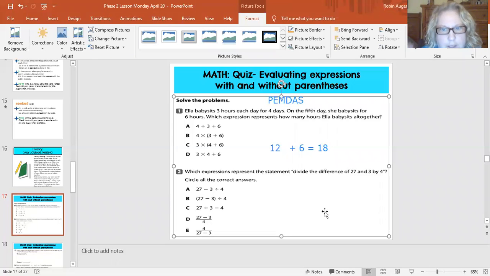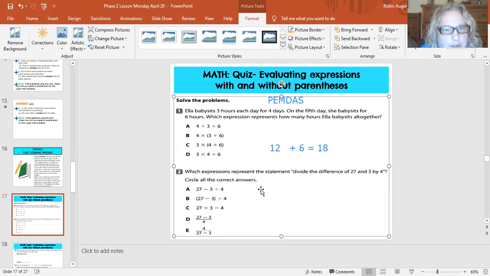And after that, it says divide the difference of 27 and 3. So 27 minus 3 has to happen first, then divide it by 4, okay? So we're looking over here, 27 minus 3 divided by 4. Now, if the parentheses aren't there, our rules say to divide first.